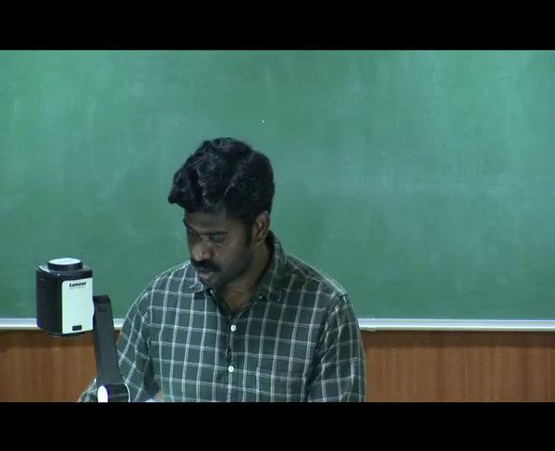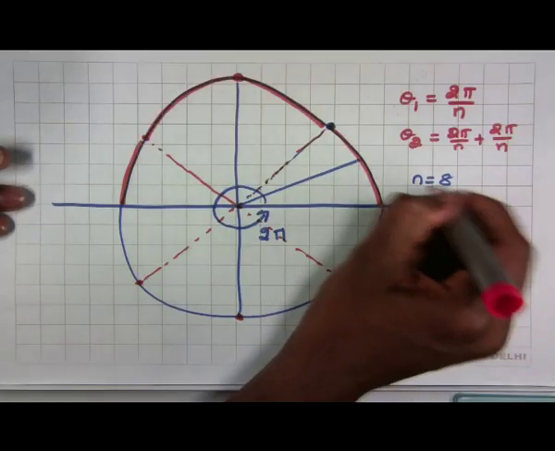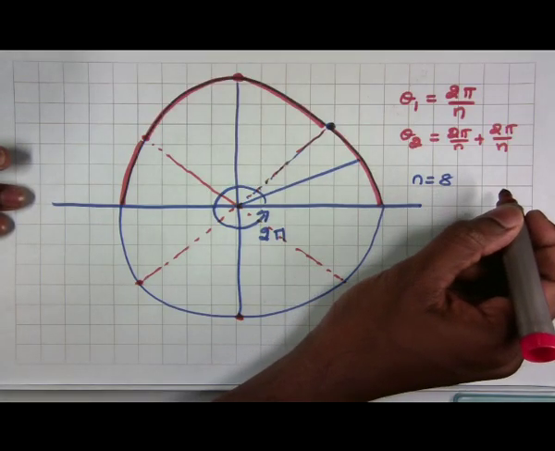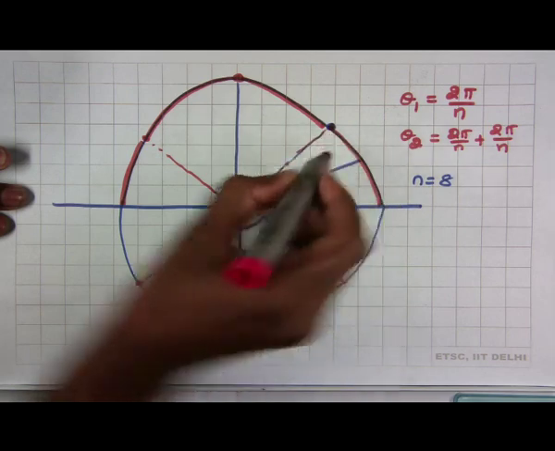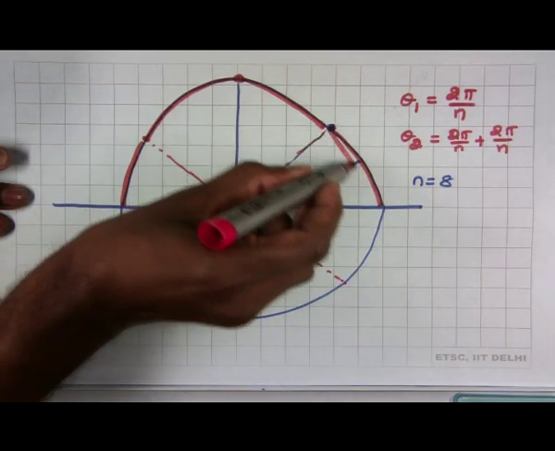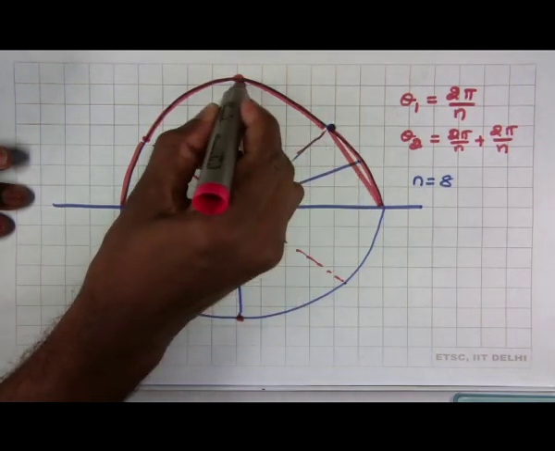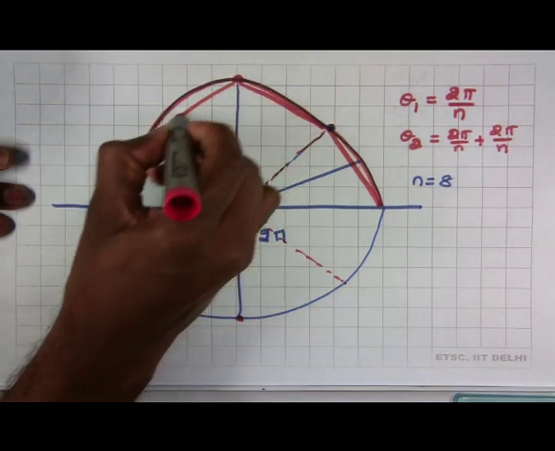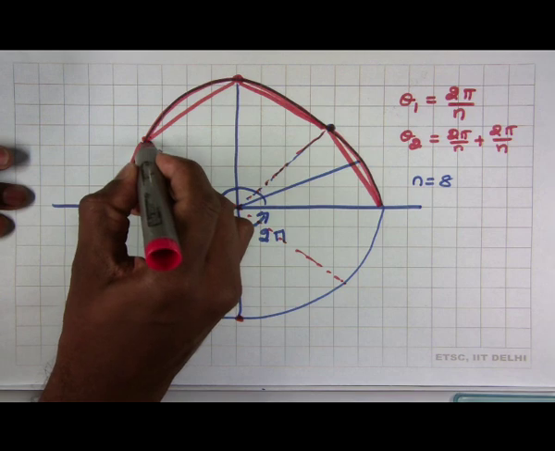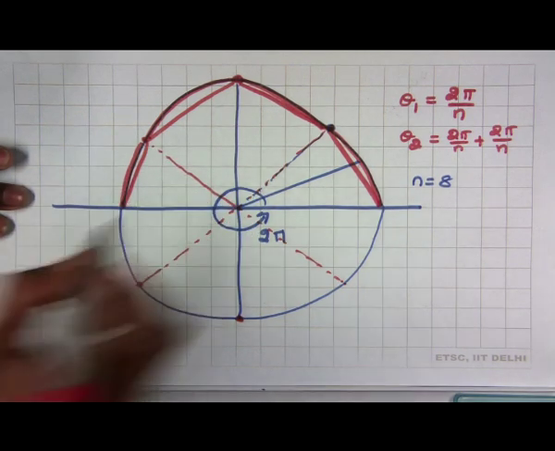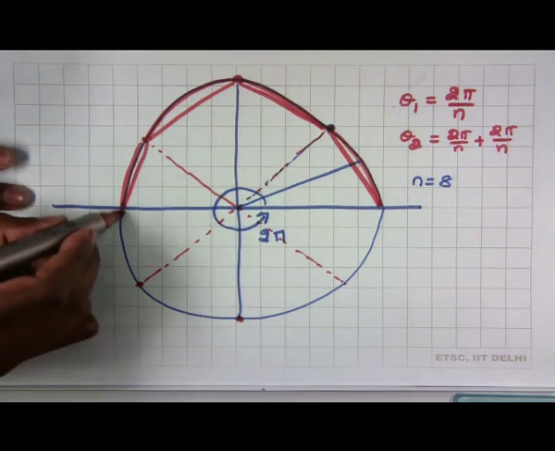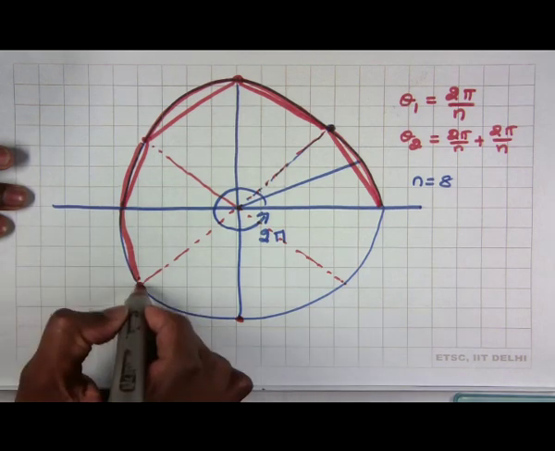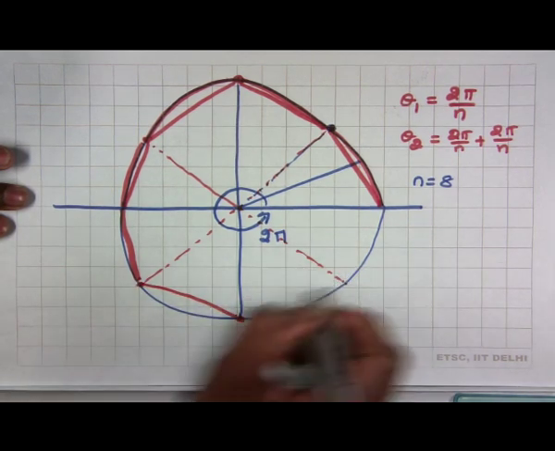Okay. So, for example, for n equal to 8, if I place a polygon, it is difficult to visualize from this badly drawn circle.